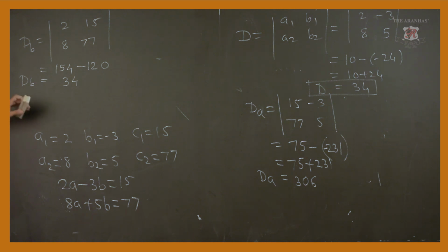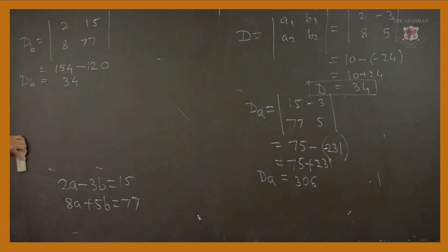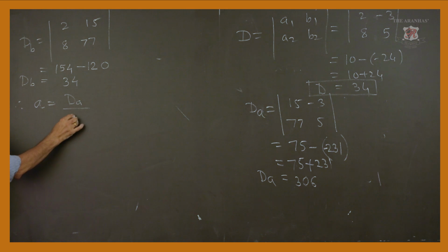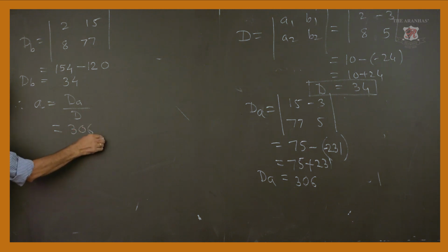Now once you got the value of D, dA and dB, now I can find the value of A and B. Therefore, what is my A? My A will be dA upon D, which is equals to, what is my dA? 306 upon D. What is my D? 34.